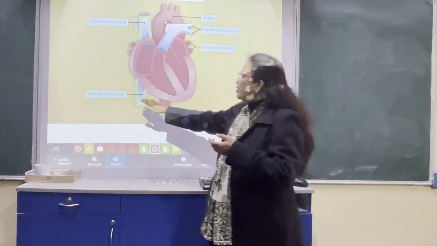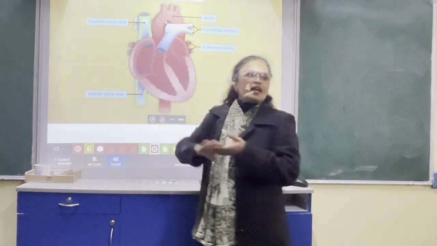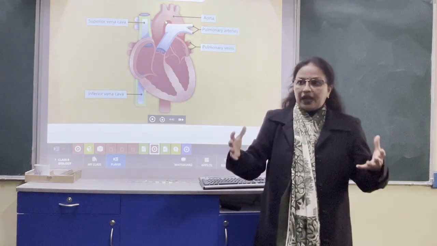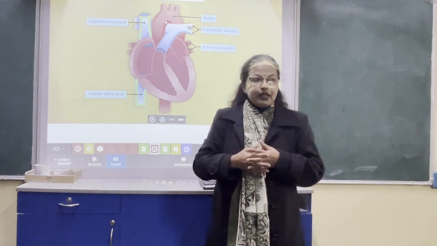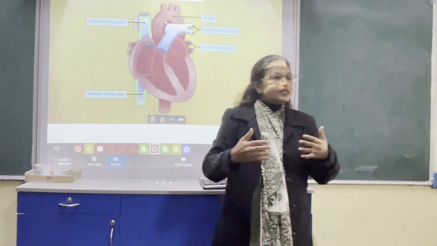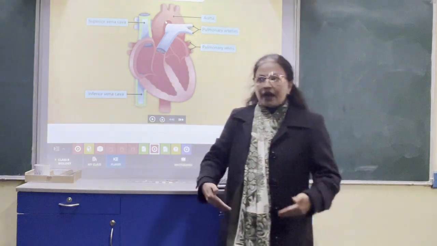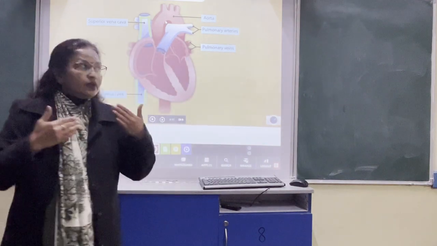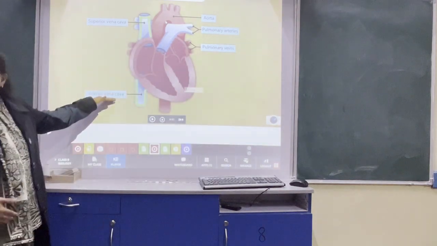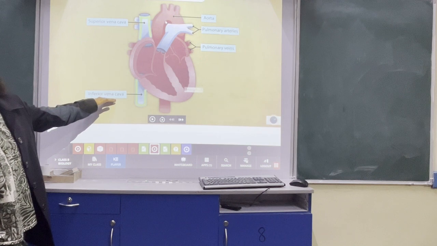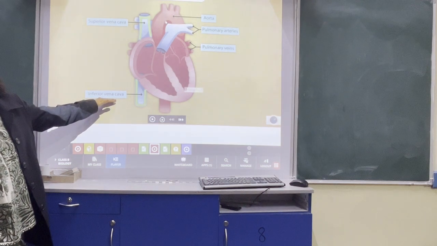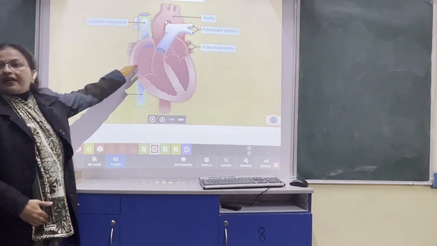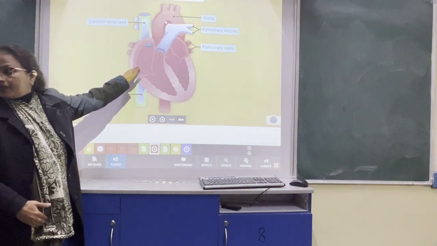So now coming to the inferior and superior vena cava. Inferior vena cava is one of the largest veins that collects deoxygenated blood from the lower end of our body. So the posterior part of our body, the deoxygenated blood is collected by the inferior vena cava and it opens into our right atrium.